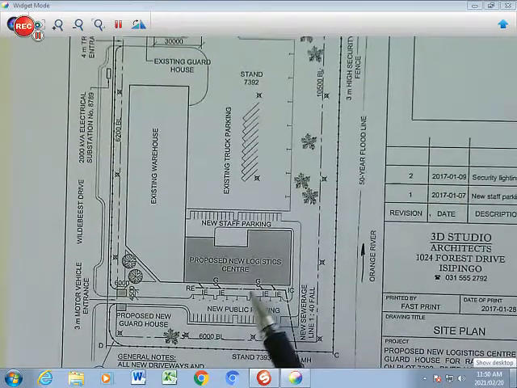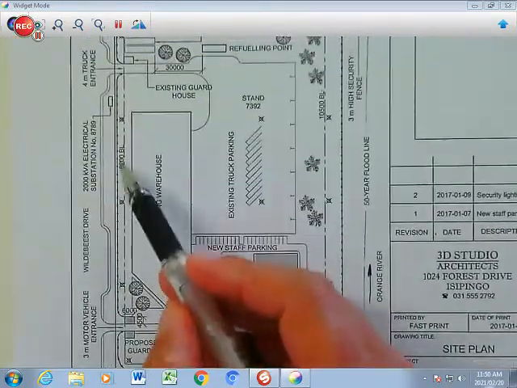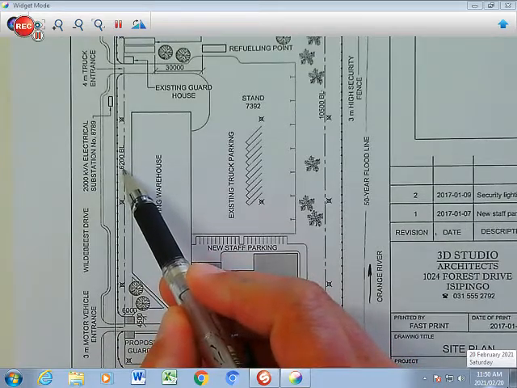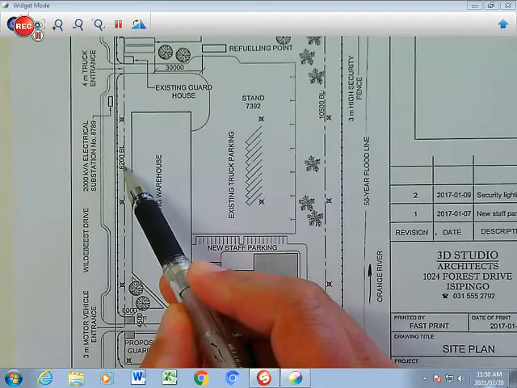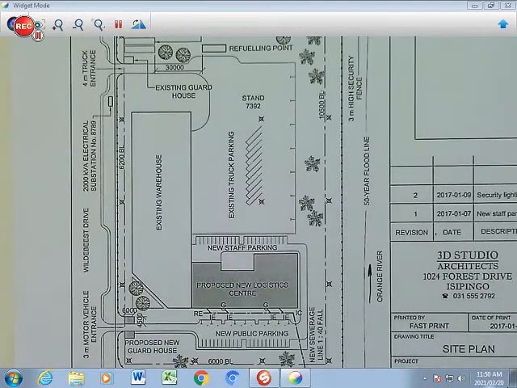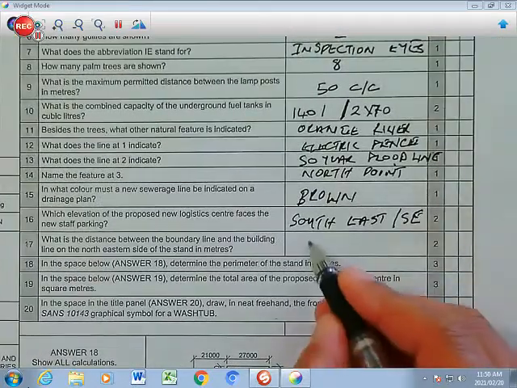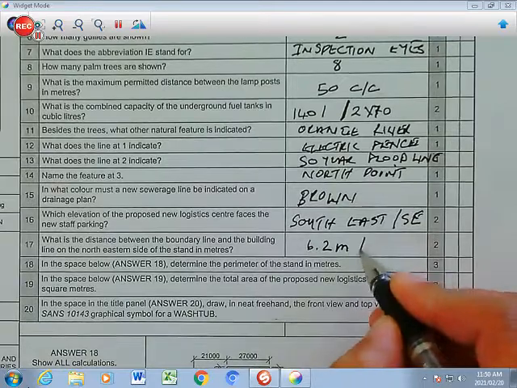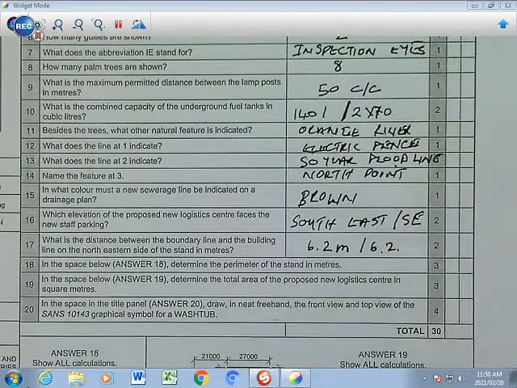You're looking for the distance between the boundary line and the building line, which is 6200, which means it's 6 meter 200. So you go back to our answer block, and they want it in meters, 6.2 meters. Or just merely 6.2 would be okay as well.